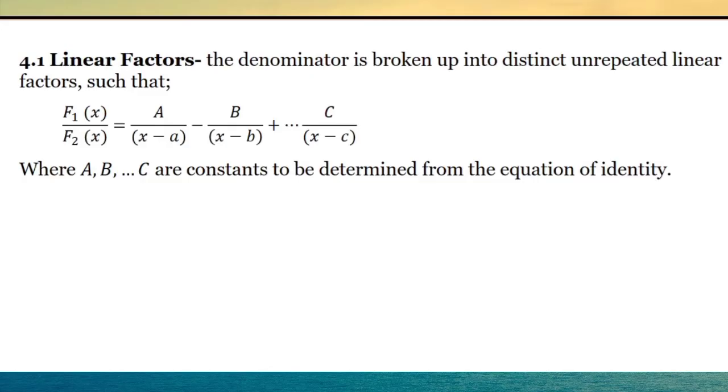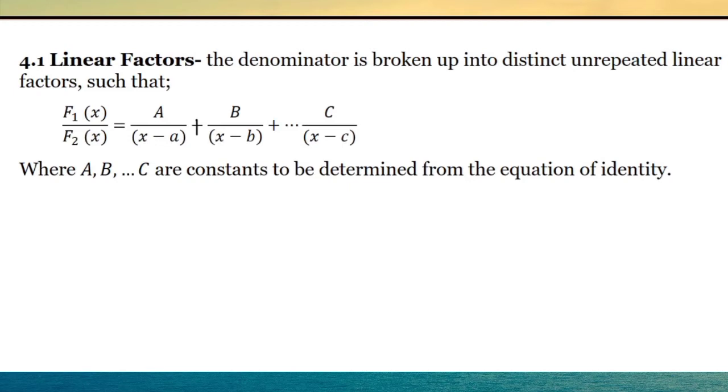Topic 4.1, linear factors. Makukonsider natin na we have the linear factor if the denominator is broken up into distinct unrepeated linear factors, such that the f1 of x over f2 of x is equal to A over x minus a plus B over x minus b plus C over x minus c.